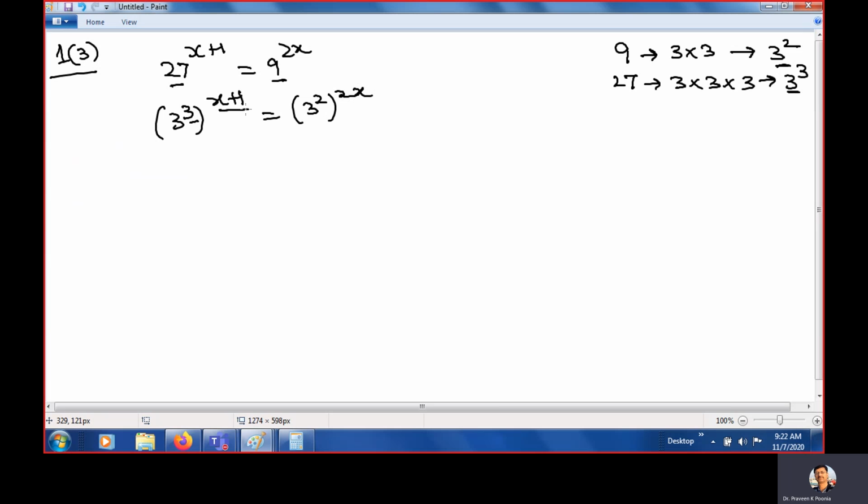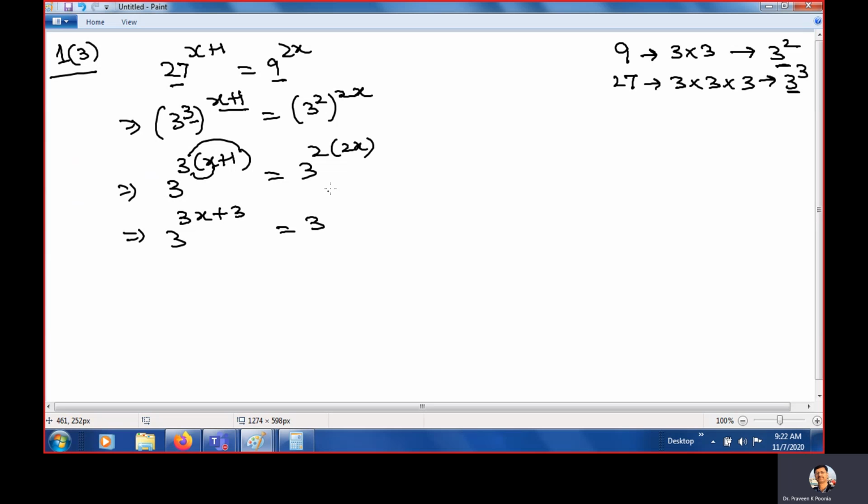So now exponent above exponent, so multiply it. 3 times x plus 1, and twice of 2x. So it is 3 power 3x plus 3, multiply here, equals 3 power 2 times 2, 4x.